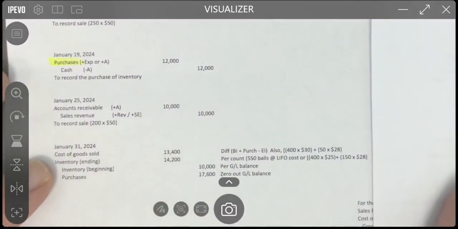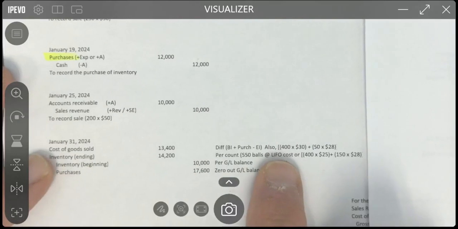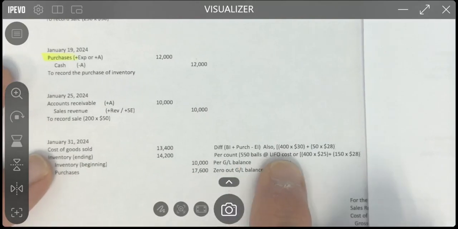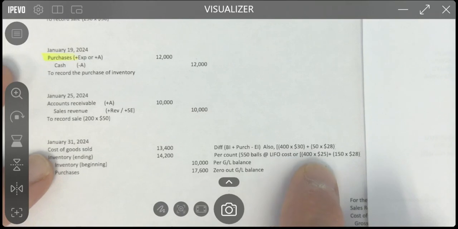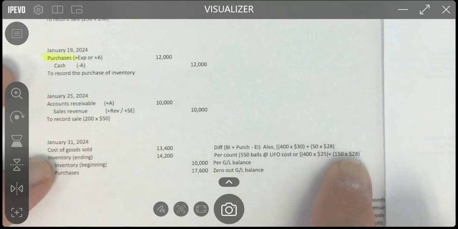If you chose to do the ending inventory and set it up, you found that we have 550 balls in ending inventory, and the LIFO cost is the 400 that were oldest in there, bought in 2023 at 25, and the 150 bought at 28 early in January.